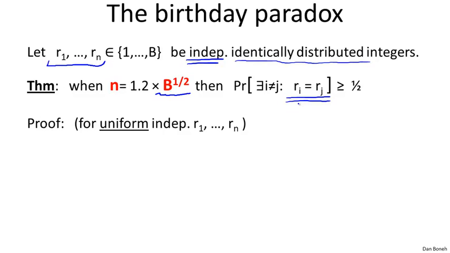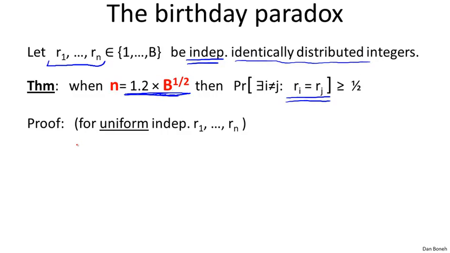In other words, if the distribution from which the r_i's are sampled is non-uniform, then in fact fewer than 1.2 times square root of b samples are needed. The uniform distribution is the worst case. So we're going to prove this for the uniform distribution, and that basically also proves it for all other distributions. But the proof that I want to show you here will hold just for the uniform distribution.